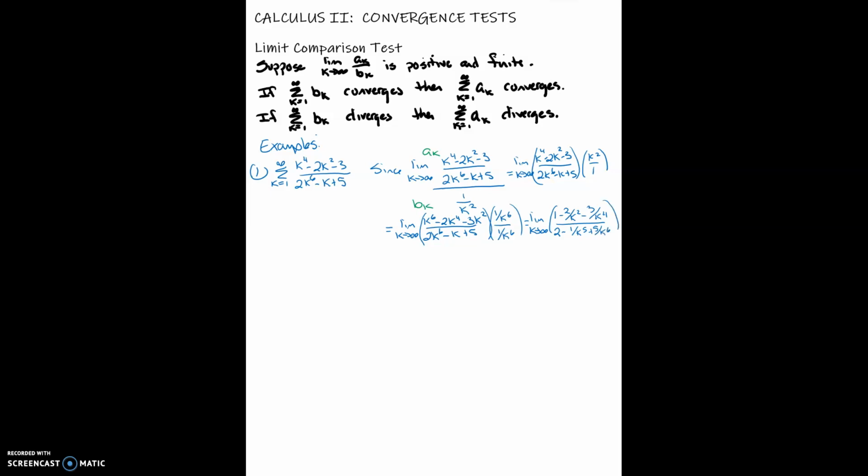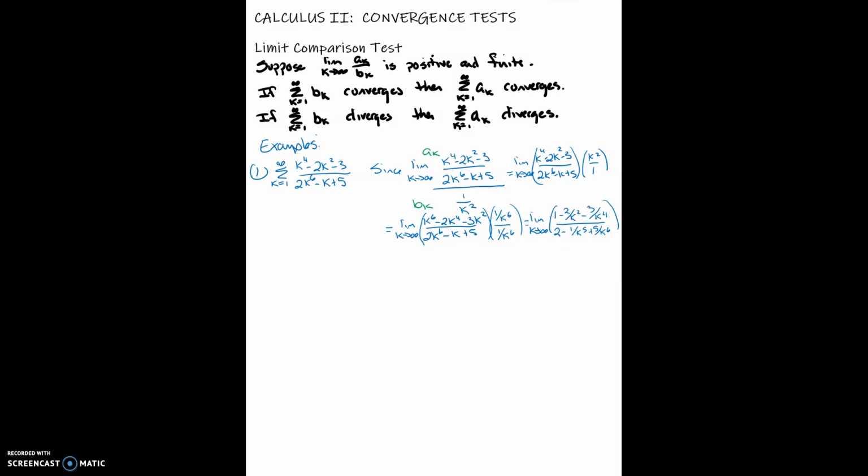Now you'll notice, as k goes to infinity, that having a k squared in the denominator, or k to the fourth, k to the fifth, or k to the sixth in the denominators of those little expressions make all of those go to 0.